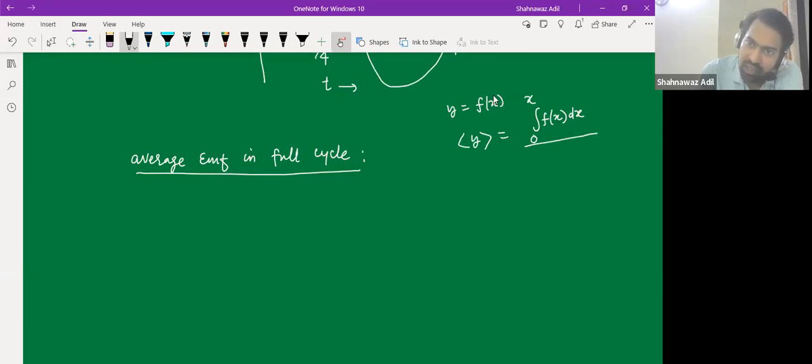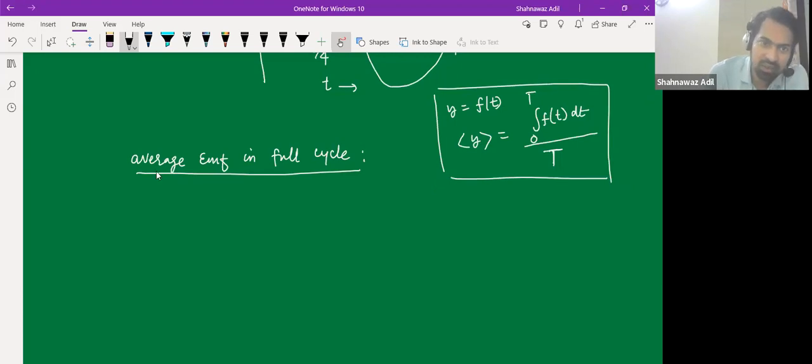But in this case, the variable is t, so this would be the integral from 0 to T of f(t) dt, and then divided by T. Let me write it properly. So this is f(t), this is dt. This is the definition of average.